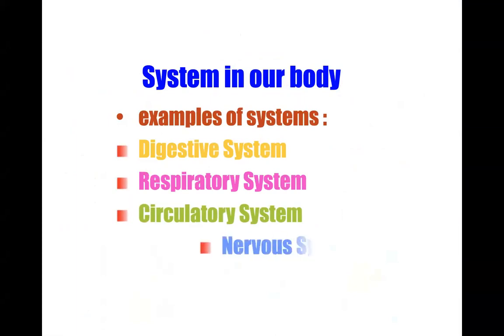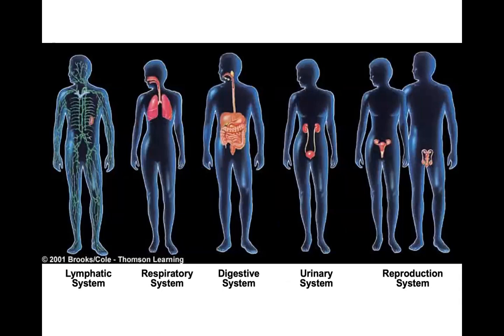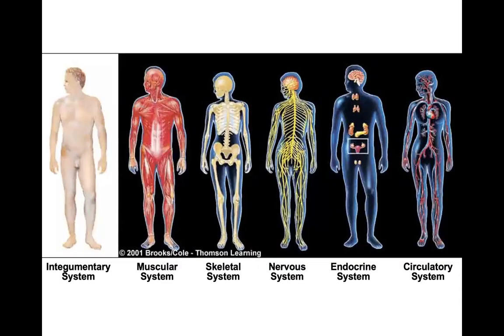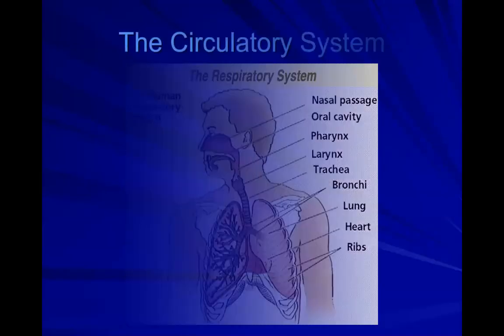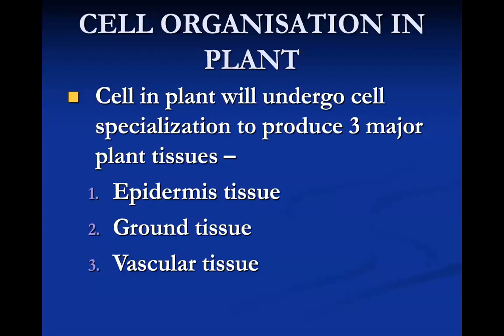These are examples of systems that you can find in your body. You can read on your own. There are a lot of systems that exist in our body, like the skeletal system and circulatory system.